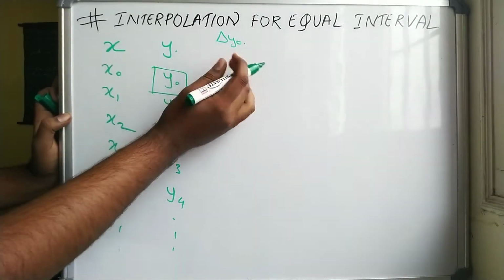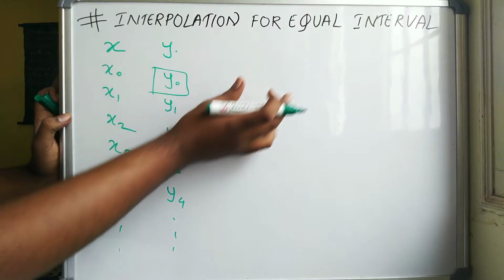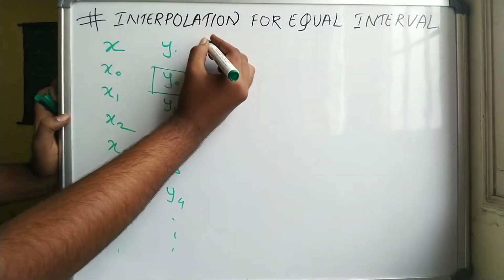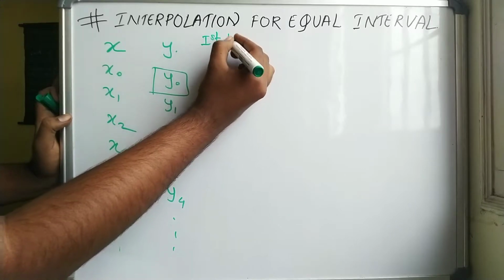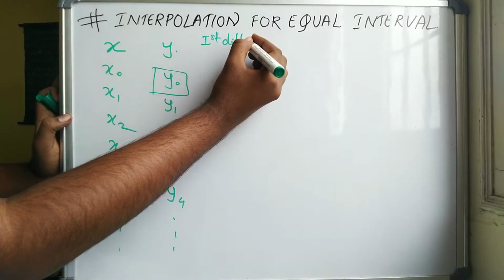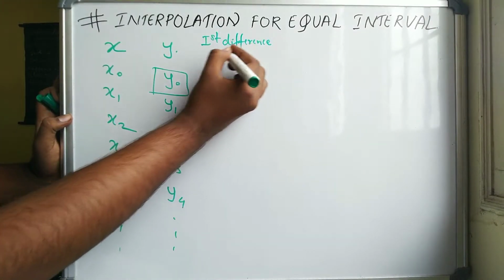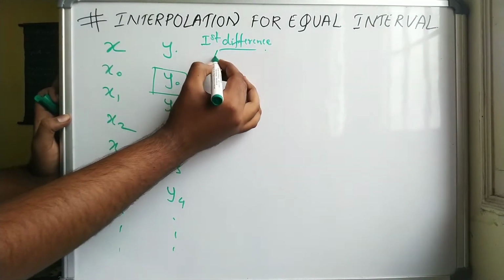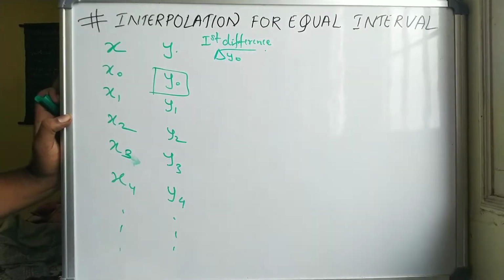In order to find delta y0, we have to form another column. That is nothing but the first difference table, the first difference column. In this, basically you are going to find delta y0.